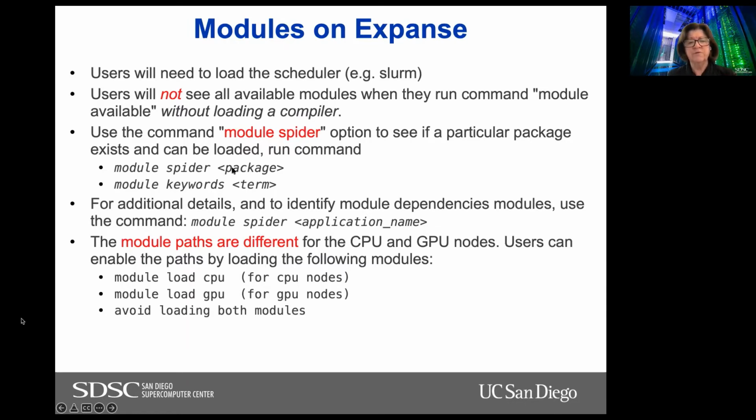And you can get more details on particular modules with module spider application name. The module paths are different depending on whether you're on a CPU or a GPU machine. So don't load both. You're either going to work on a CPU or a GPU to start your job, and that's the one that you want to load.